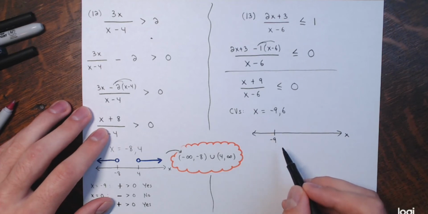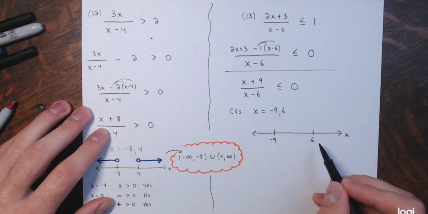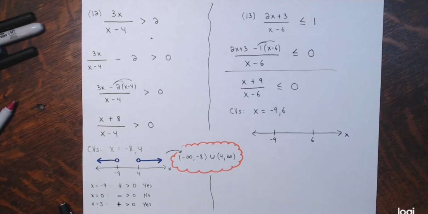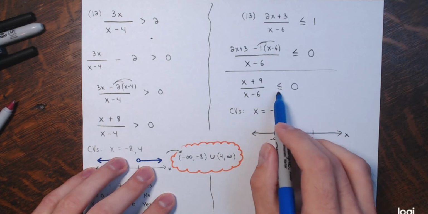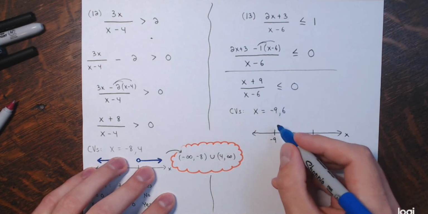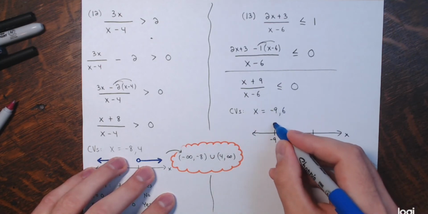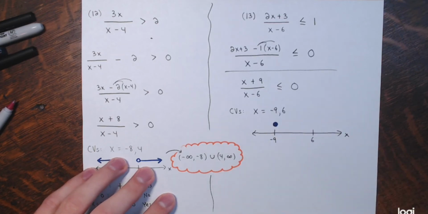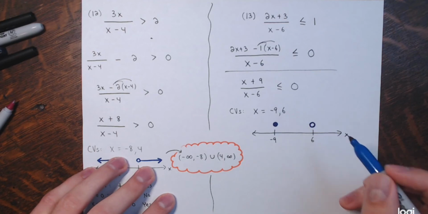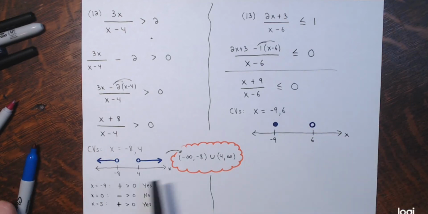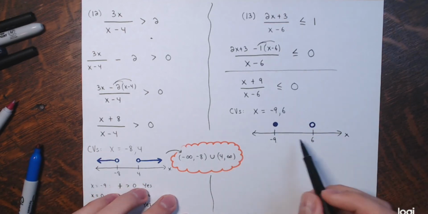-9 would be to the left of +6. -9 is a solution because you'd have 0 is less than or equal to 0, right? We got the or equal to part satisfied, so I'm putting a solid point over -9. That is a solution. And 6 wouldn't be because it makes the denominator 0. And then I test values in these three intervals broken up by these critical values.